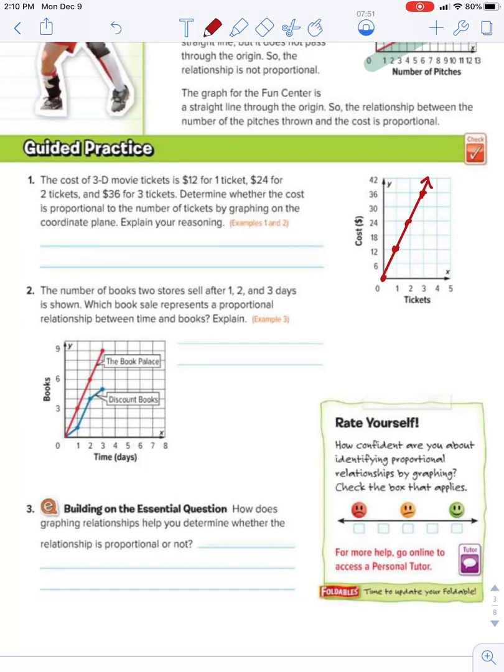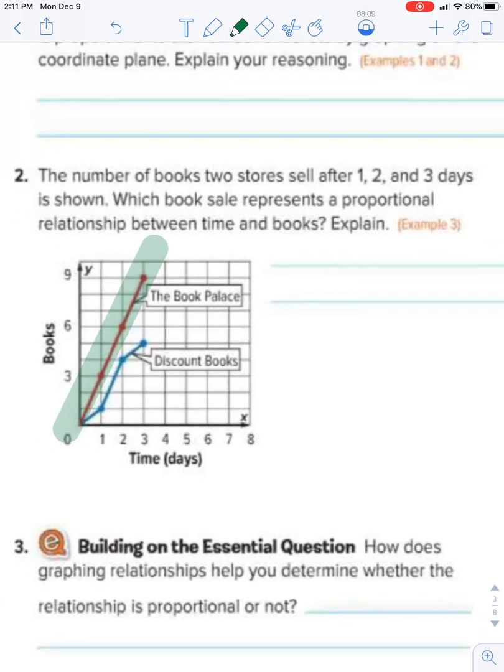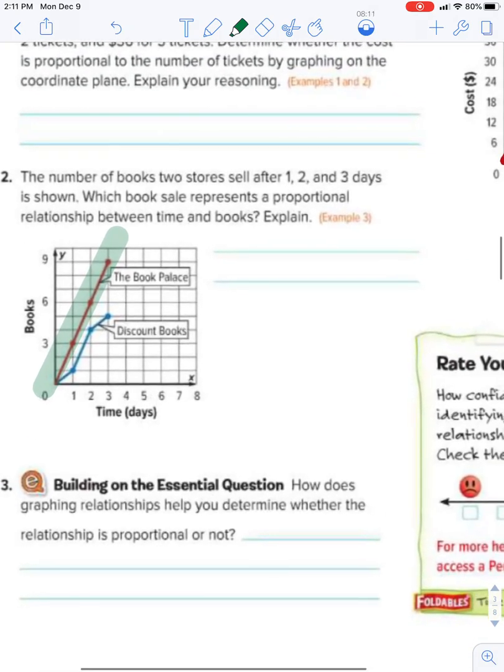All right, number 2, the number of books two stores sell in 1, 2, and 3 days is shown. Which book sale represents a proportional relationship between time and books? So if we look at both of them, it becomes very obvious that only one of the 2 lines, the book palace, is linear, and it does pass through the origin. So which is a proportional relationship?